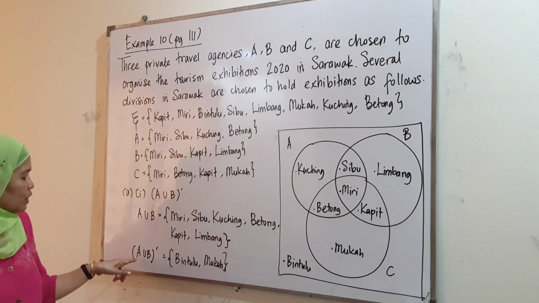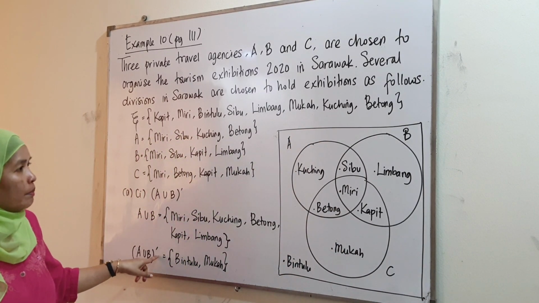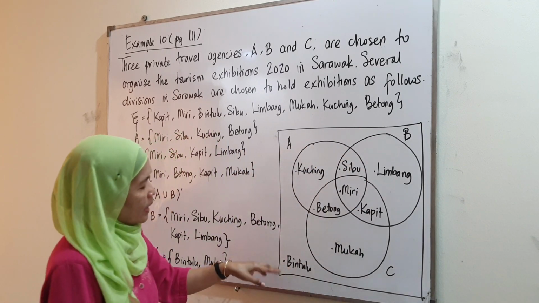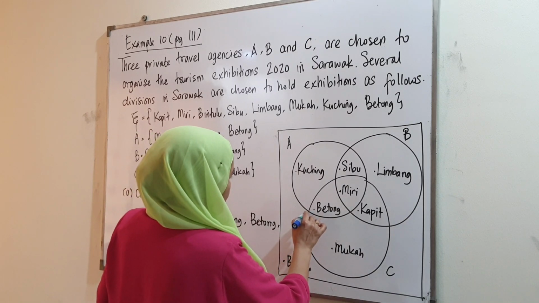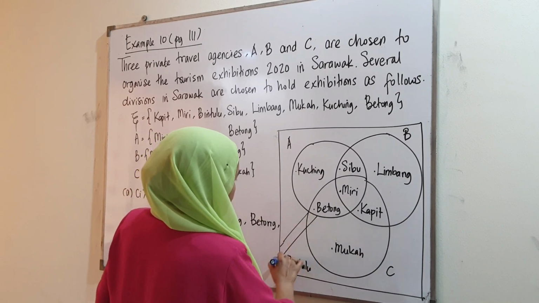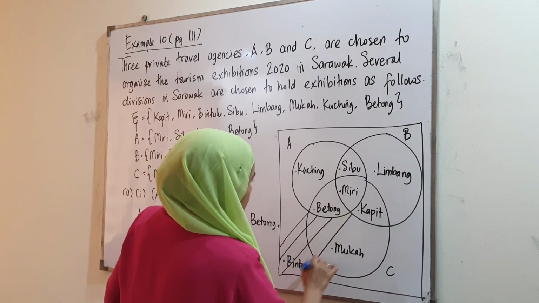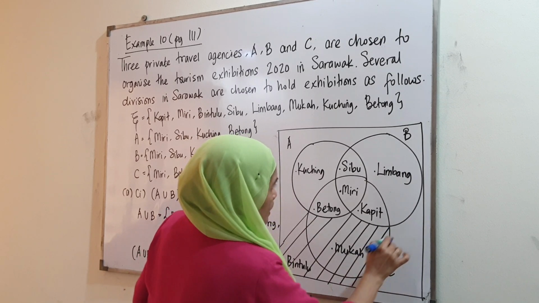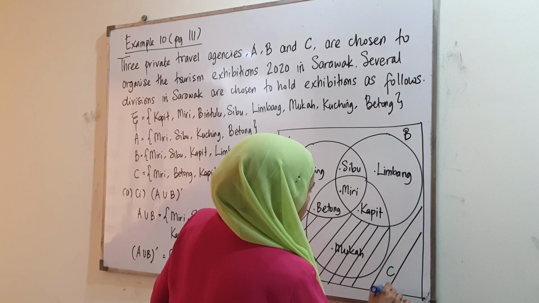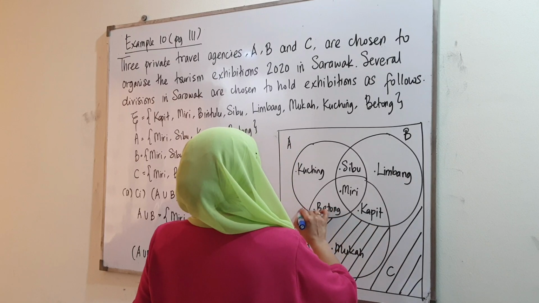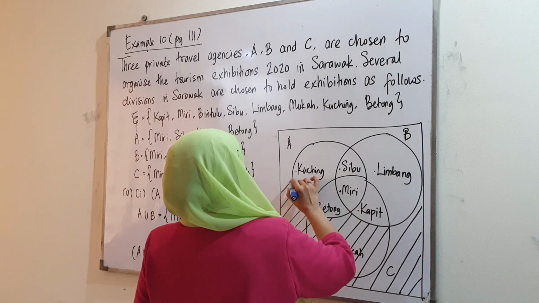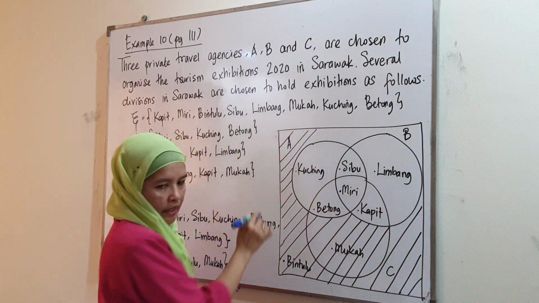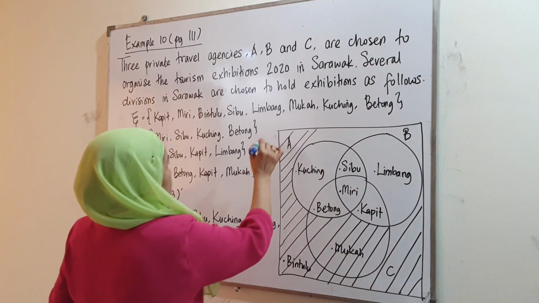So, how to shade A union B complement? A union B complement is Bintulu and Muka. So we shade Bintulu and Muka like this. We write the universal set like this.